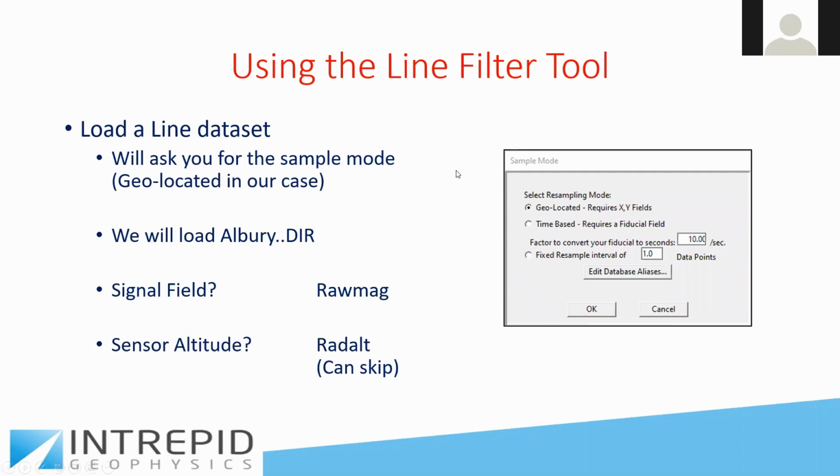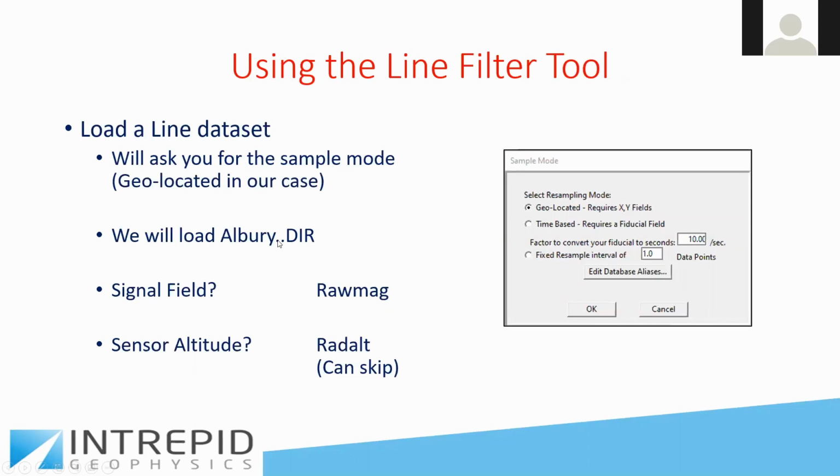So in this case, we're going to load the albury.dir Intrepid database. So if you click on File and Load Dataset, and then as you've already selected the Albury working directory, it'll open in that directory, and click on albury.dir.